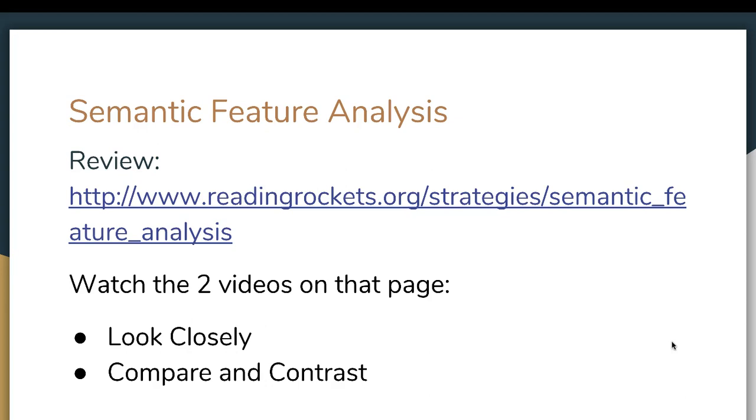There's 2 videos there that work with this idea of semantic feature analysis. It helps us when we're working with words and thinking about what they have in common and what they don't have in common.